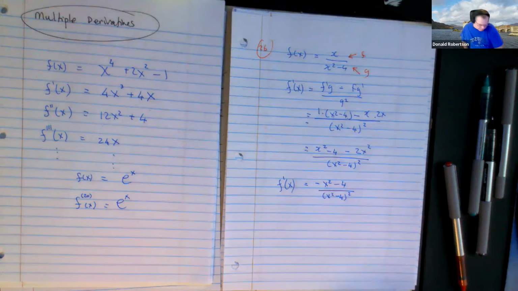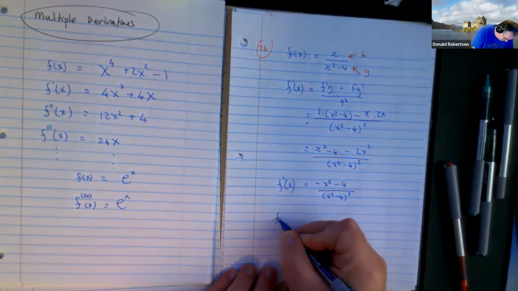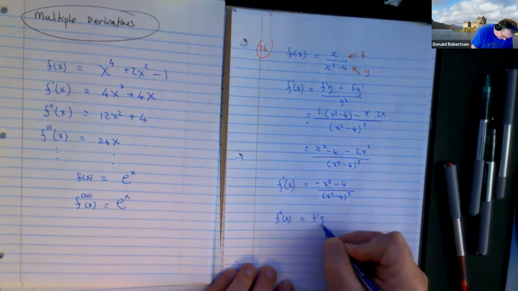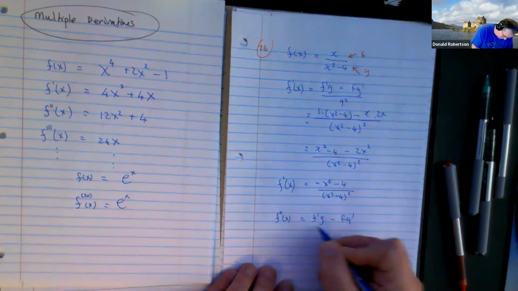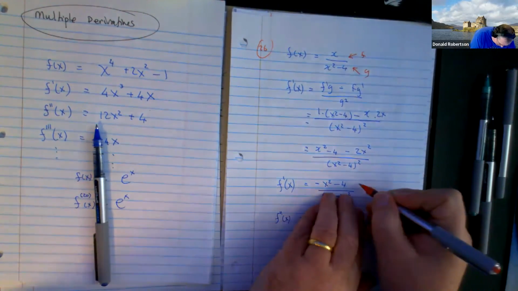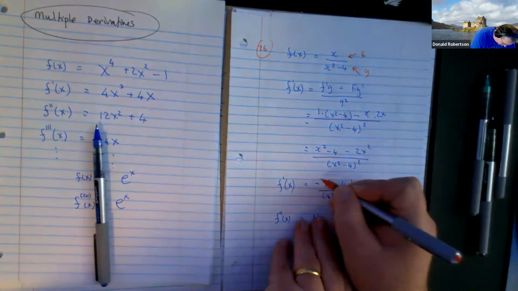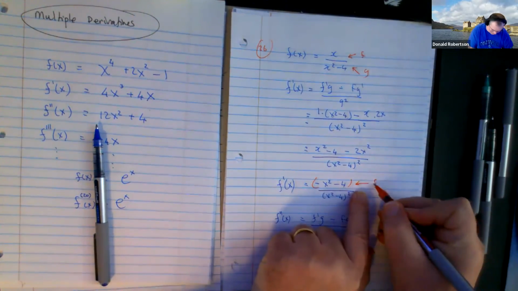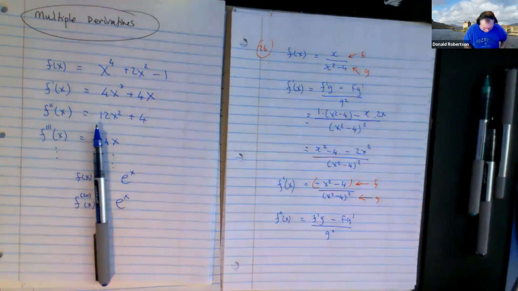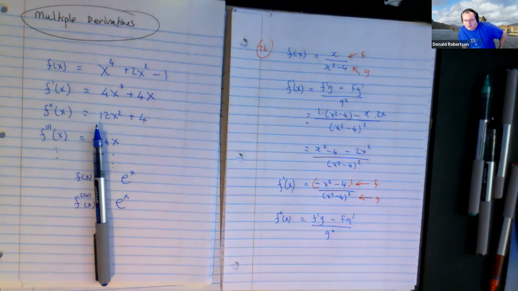Now, this is where the problem starts. I need to do the second derivative. The top is all of that. Put a big bracket around it. That's f. The bottom is this guy, x squared take away 4 squared. That's g.